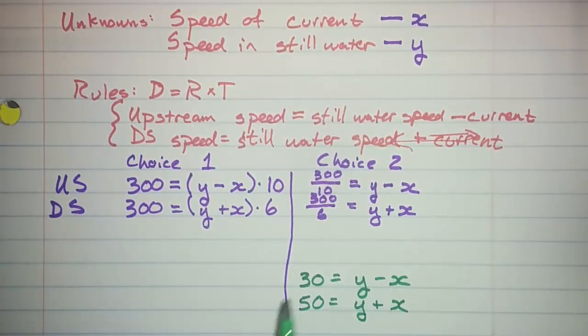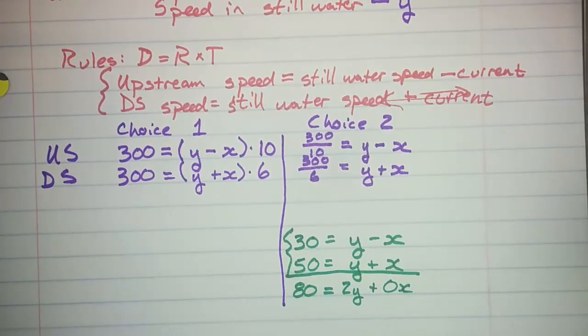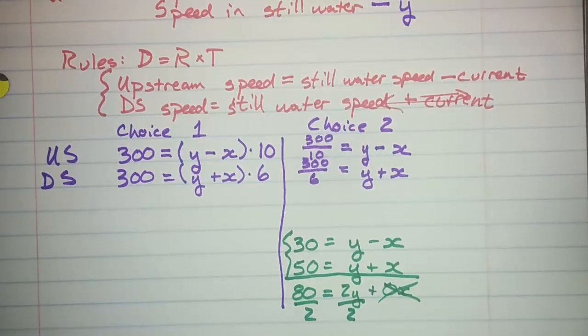Now, this system wouldn't be too hard to do substitution with, but I think it'll be even easier to do elimination with. Add together the left-hand sides, and I get 80. Add together the right-hand sides, I'll get 2y plus 0x. Of course, x was eliminated. Divide both sides by 2, and I get 40 equals y.